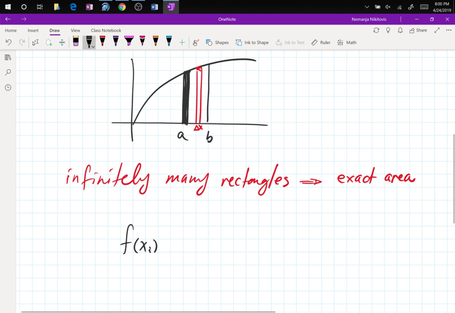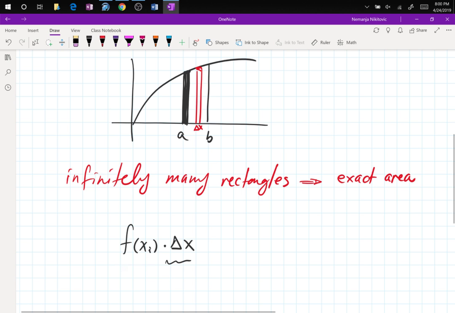This i is a counter, it's some x somewhere in the middle, let's say. So f of xi times delta x. Do we all agree that this is area of a single rectangle? You have the height times the width. Are we agreeing on that, right?